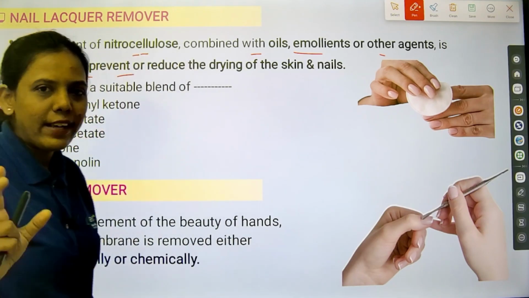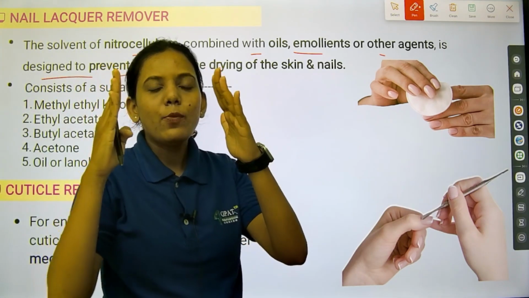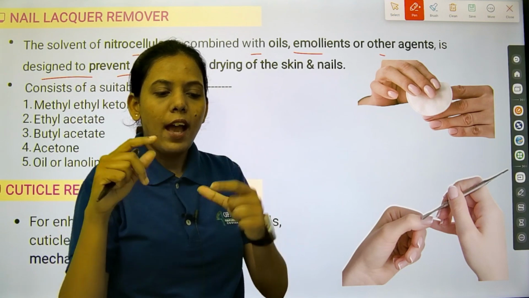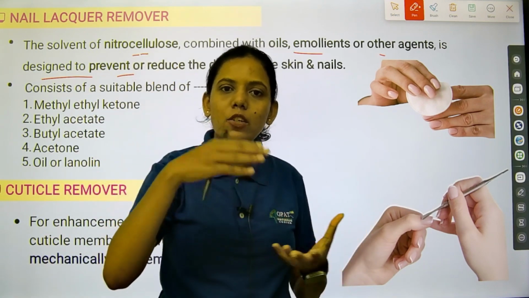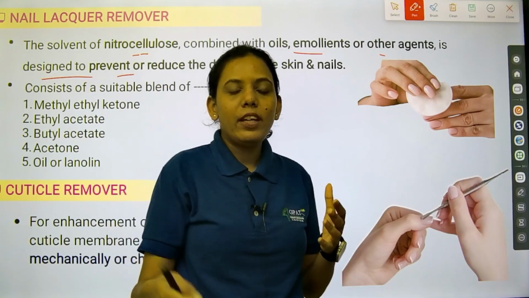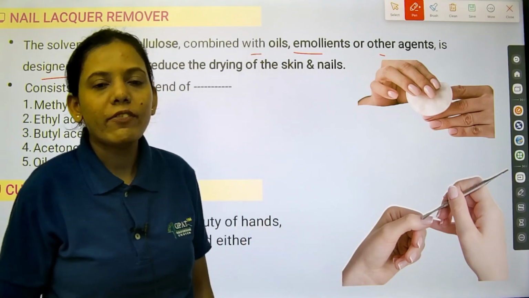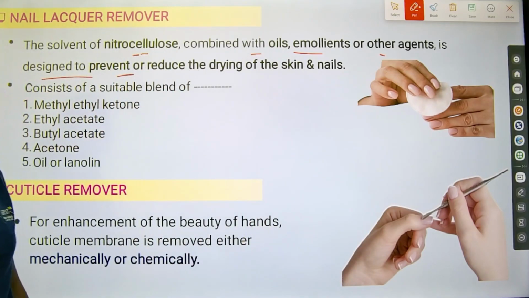For example, if there is a conical flask with certain water, we generally add acetone or ethanol so that it evaporates faster, because they have the tendency of drying out. So that is one reason we add a certain kind of emollient agent, we add certain kinds of oils to prevent the drying of the skin and the nails.